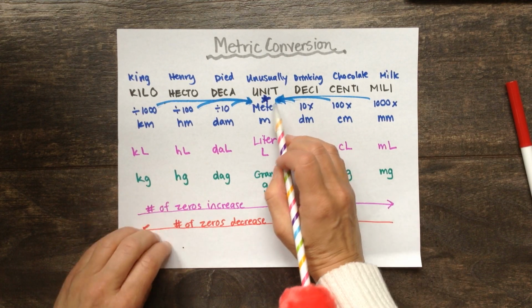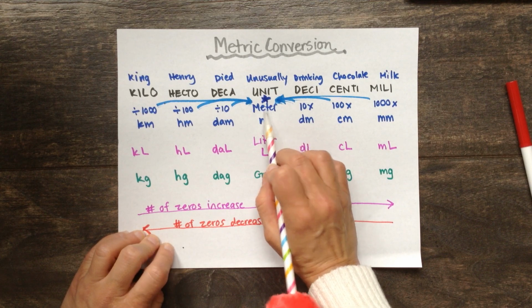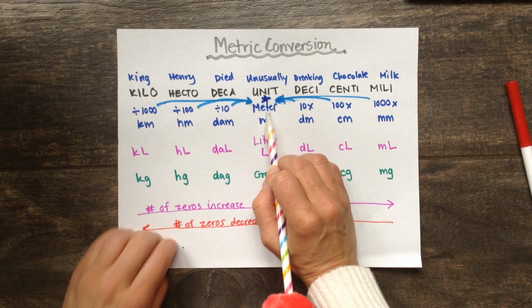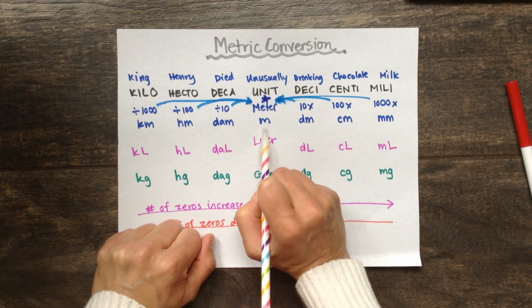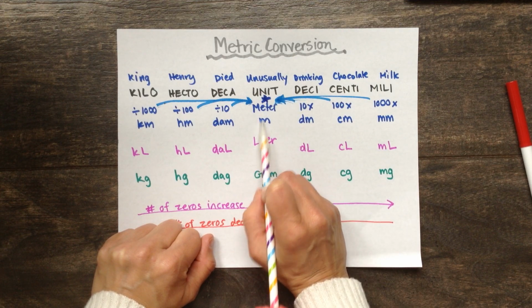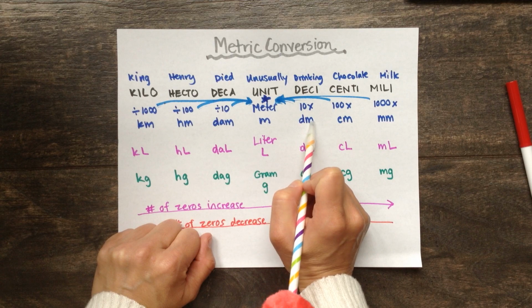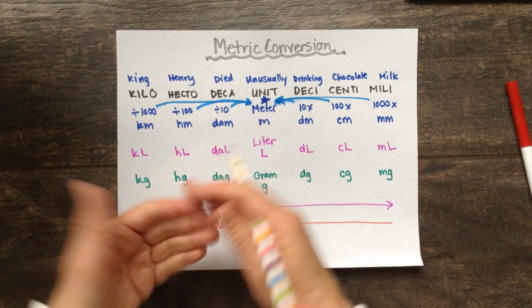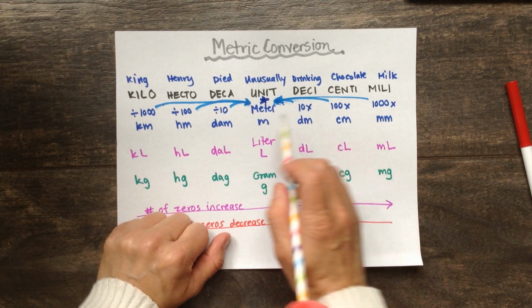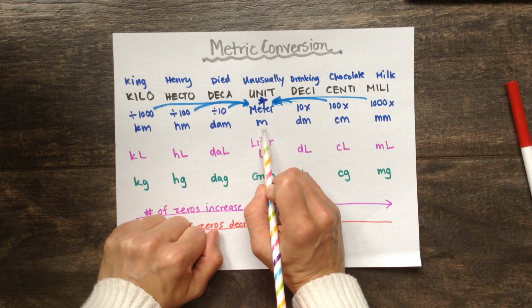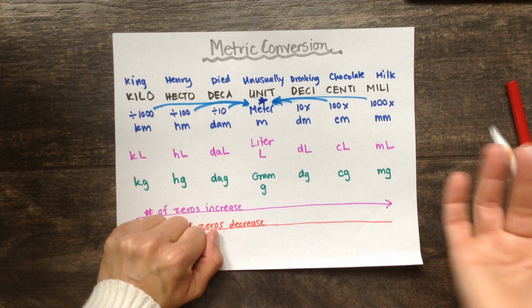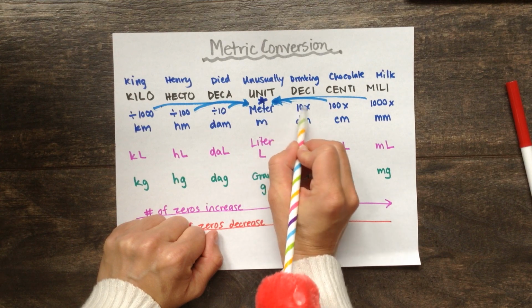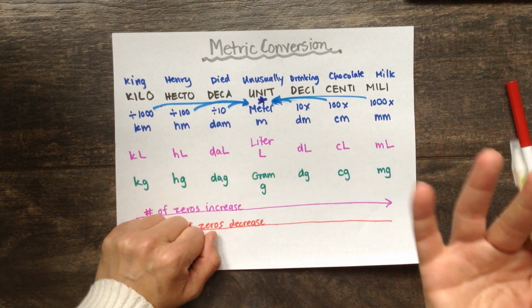Okay, so let's quickly talk about linear measurement. If our unit here is a meter, that means that we're going to go smaller here. That's abbreviated with a small m. Anything smaller than that: if we were to take a meter stick, which I unfortunately don't have at home, and divide or cut it into 10 pieces, then my number here is going to get larger because I'm going to have more pieces.